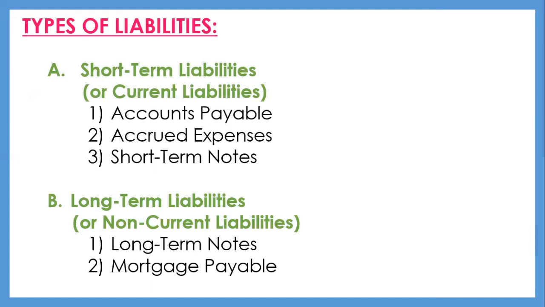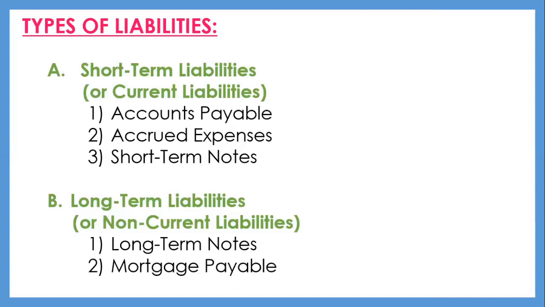Examples are accounts payable, accrued expenses, and short-term notes. On the other hand, long-term or non-current liabilities are the types of liabilities that are payable in more than 1 year. Examples are long-term notes and mortgage payable.